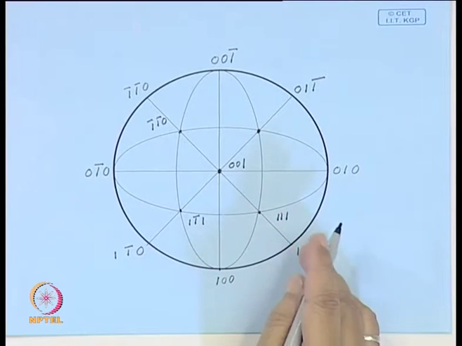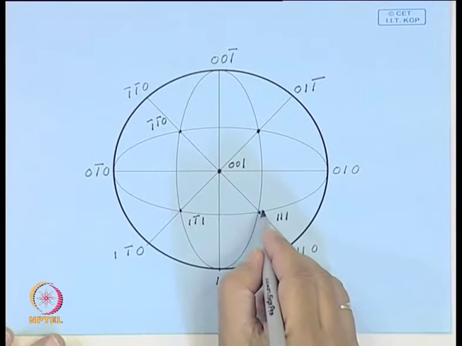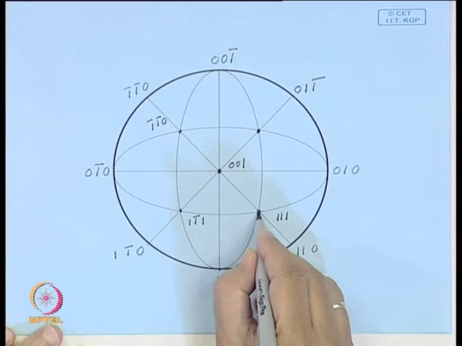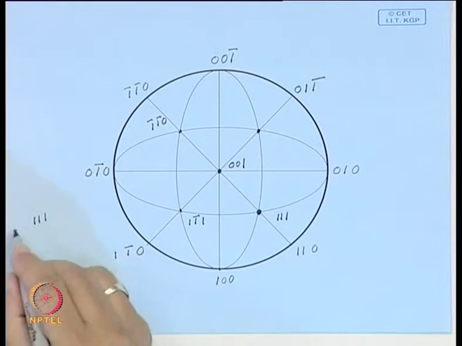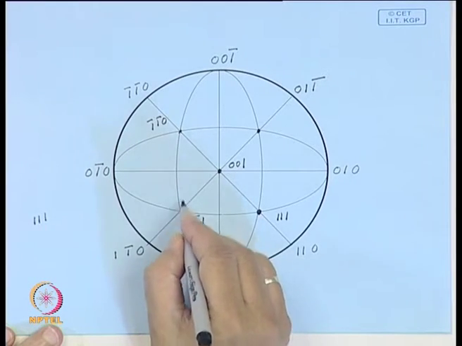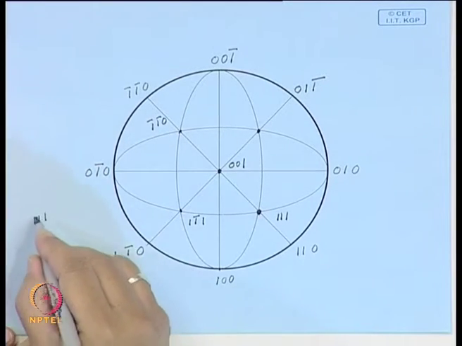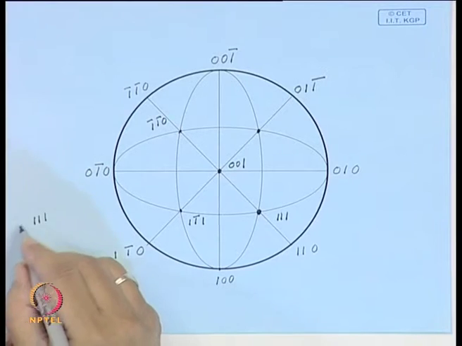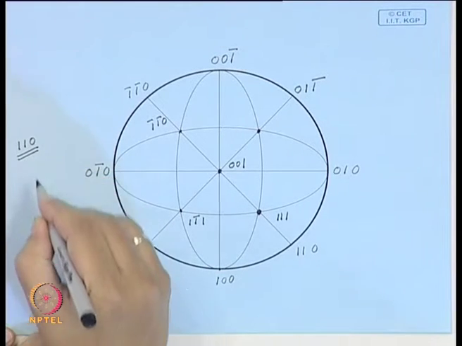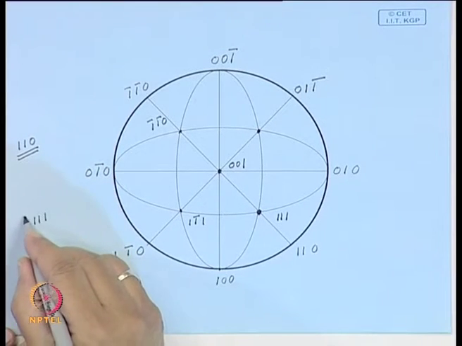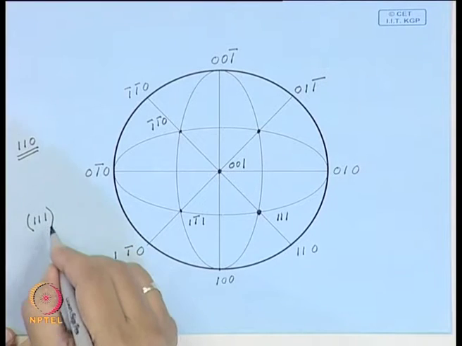Now, let us try to find out, suppose the plane 1 1 1, which of these directions, the 1 1 0 type directions, lie on plane 1 1 1.